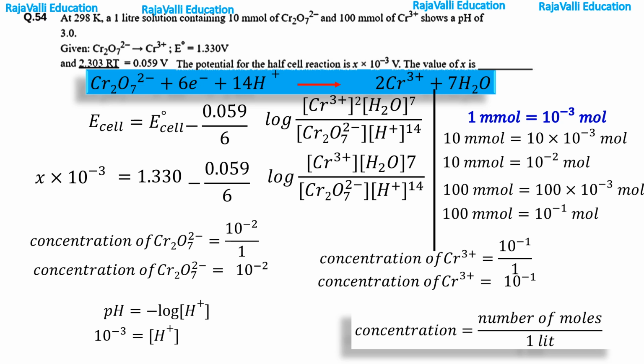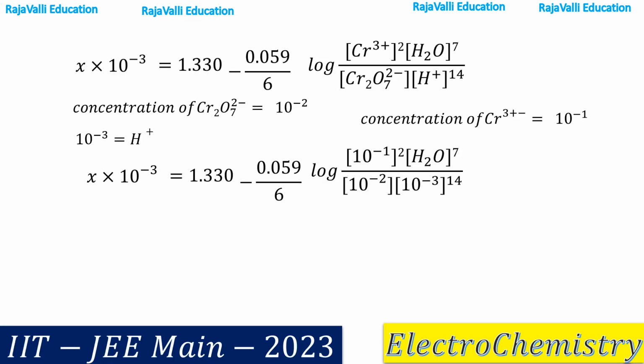So the concentration of H plus is 10 to the power of minus 3. Now we have all the values, and substituting all these values into the balanced Nernst equation, we get this.